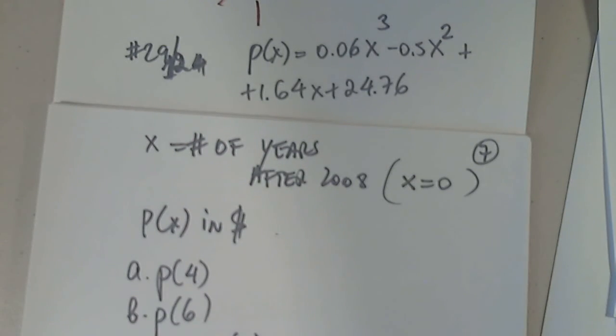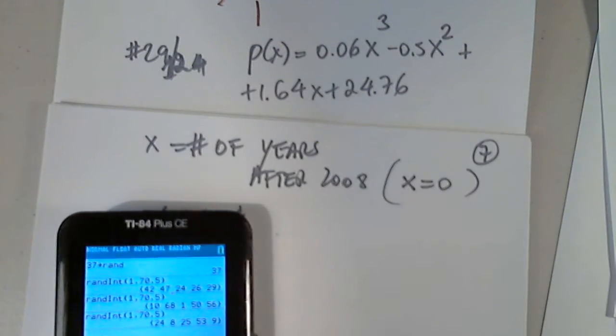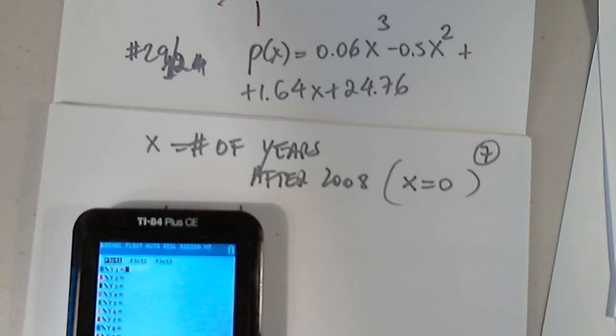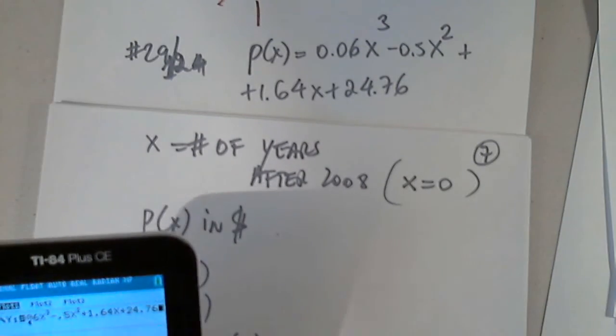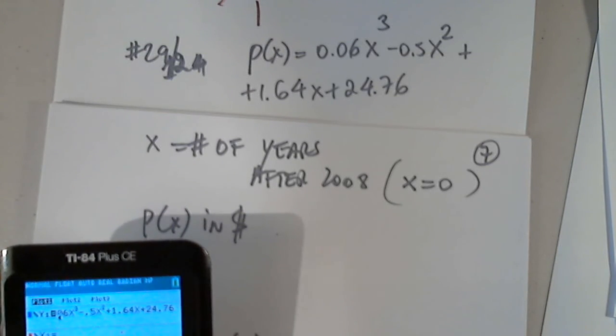I recommend the following steps in the calculator. I'm going to put this function up here, clear. So 0.06 x to the third power minus 0.5 x squared plus 1.64 x plus 24.76. And of course I'm going to check and see what I entered.